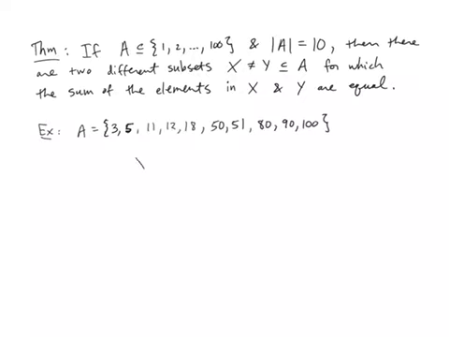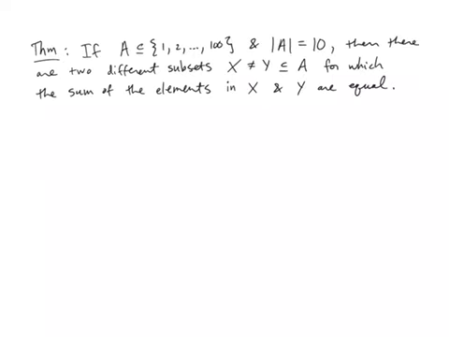So for example, I could now take X to be 80 and Y I could make 50 and 12 and 18. Right, that would add up. But if I changed 18 to 20, then that would no longer work. But then something like the sets chosen would work. X and Y shown there both add up to 70.